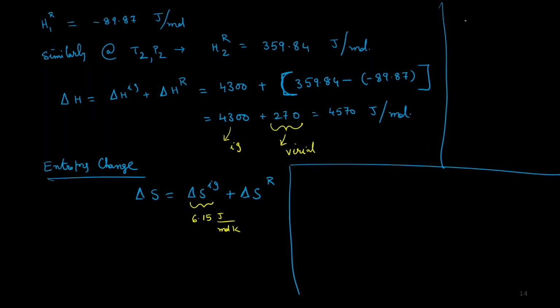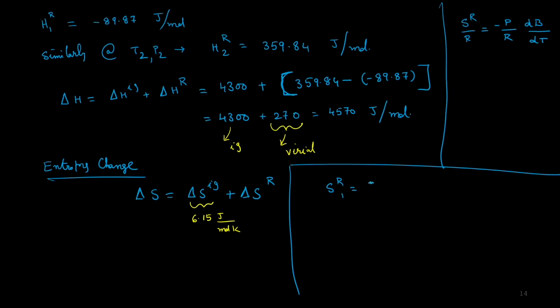And remember, we said SR over R is negative P by R dB by dt. So I can use this to calculate SR at condition 1.